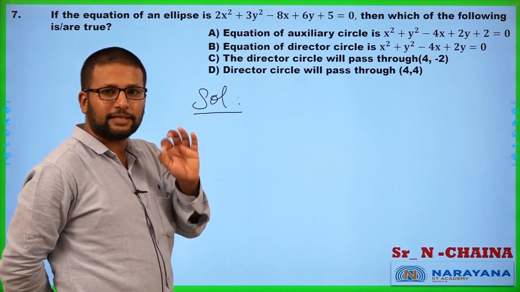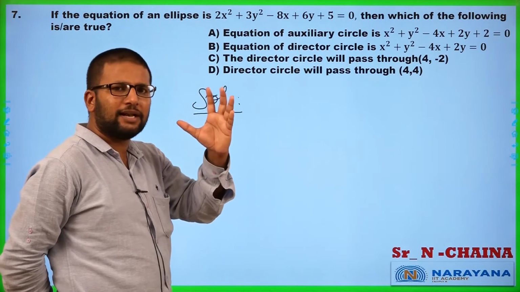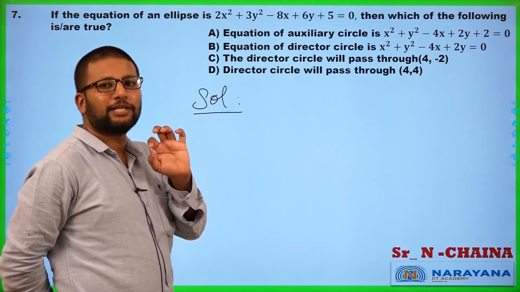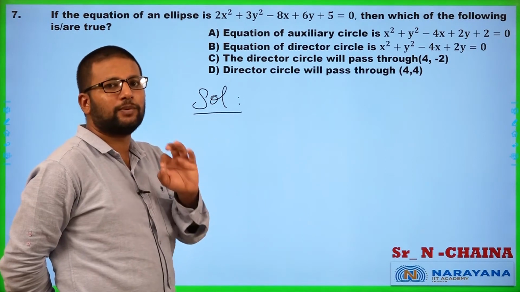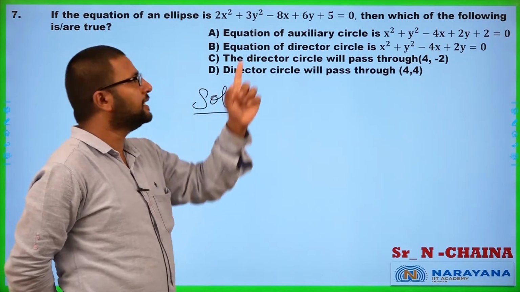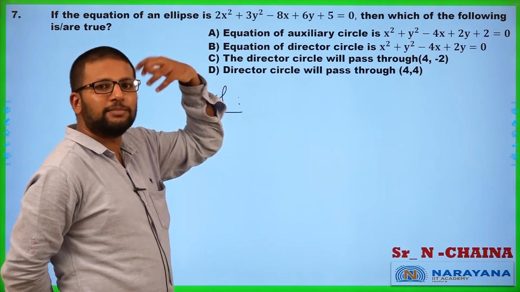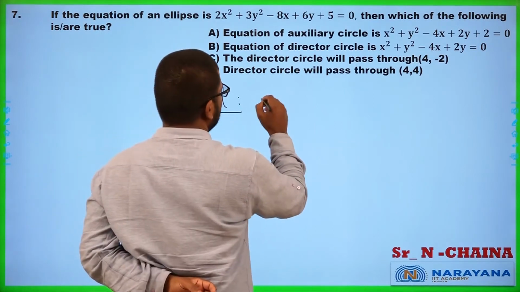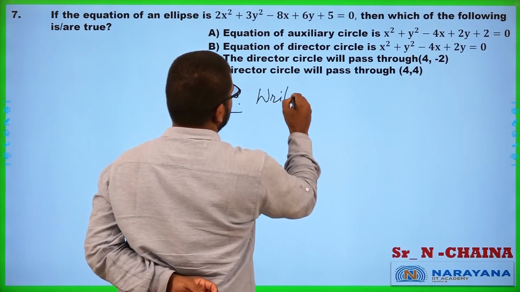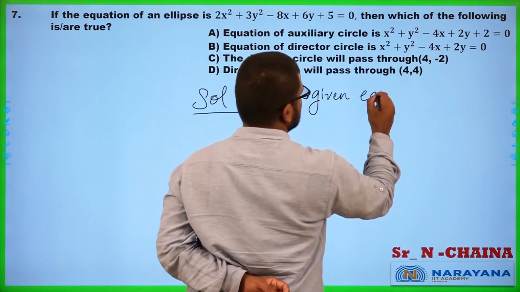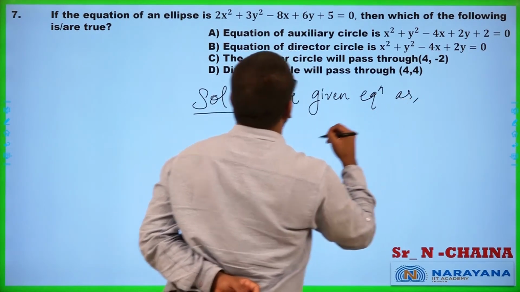I need to find the center. Now what is the form of a shifted ellipse? Simply (x minus x1) the whole square by a square plus (y minus y1) the whole square by b square equal to 1. I need to now bring it into that form. With that understanding, look at this and try to form squares using x and y. So write the given equation as, what are we going to do?